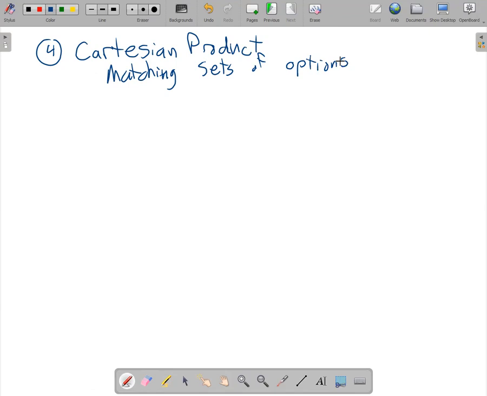This is related to an idea we talked about in problem solving and set theory, where suppose we're going to get a car, and for the car we have certain types of options. One set of options could be color.